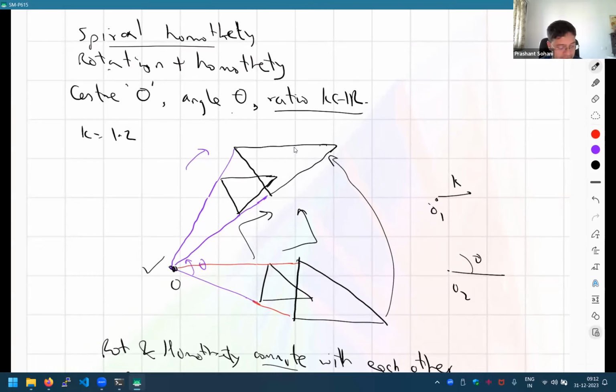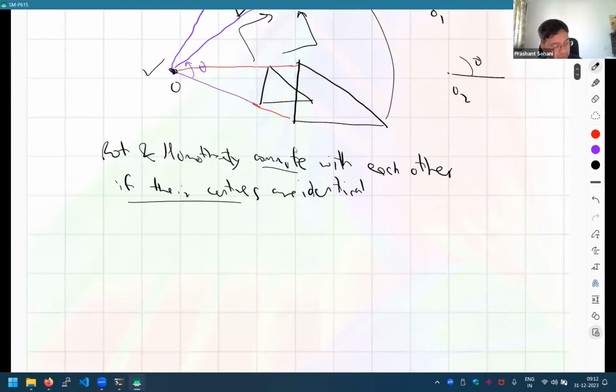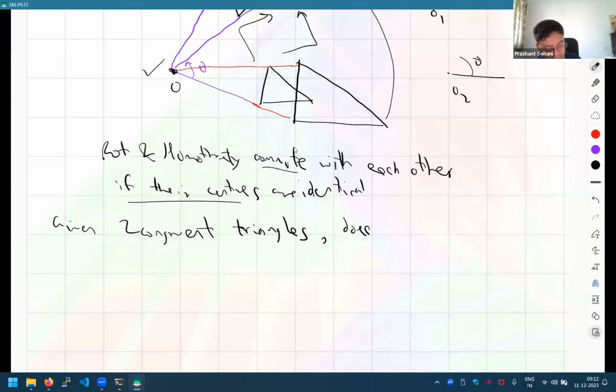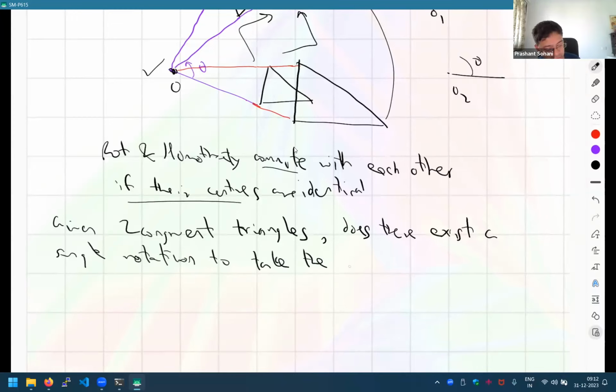Because what we'll realize is that, when we talked about rotation, we discovered some very important property about two congruent triangles. If you remember, we had done this point in the class in good detail. If we have two congruent triangles, we had asked the question, does there exist a single rotation to take the first triangle into the other one, right?